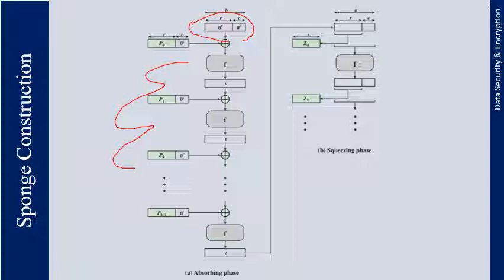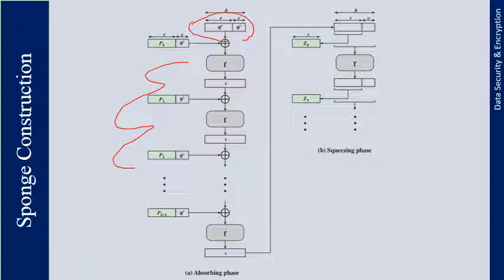So a given implementation can trade the claimed security for speed by increasing the capacity c and decreasing the bit rate r accordingly, or in the reverse direction. The default values for the algorithm are c equal to 1024 bits and r equal to 576 bits, and therefore b is equal to 1600.